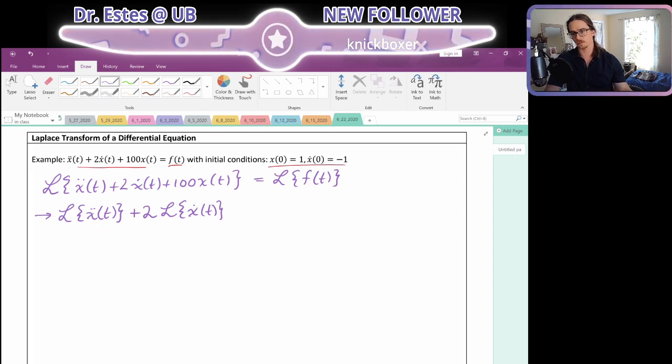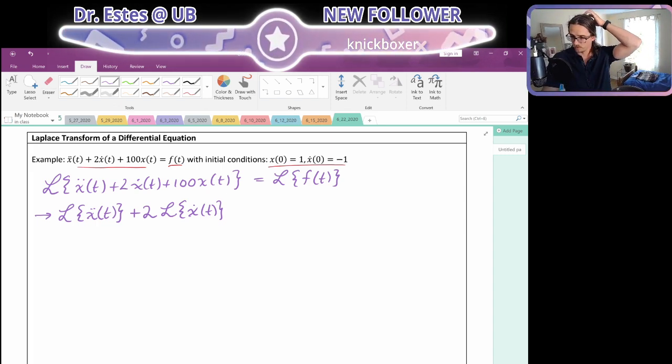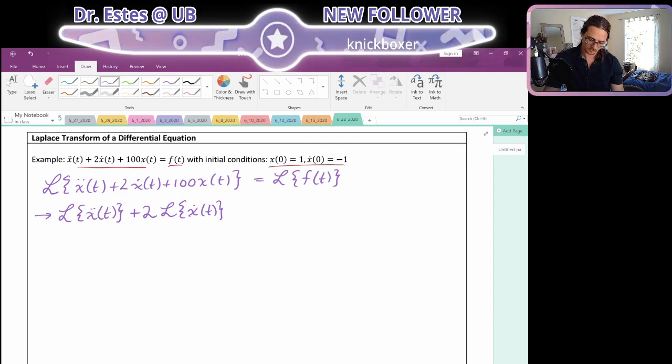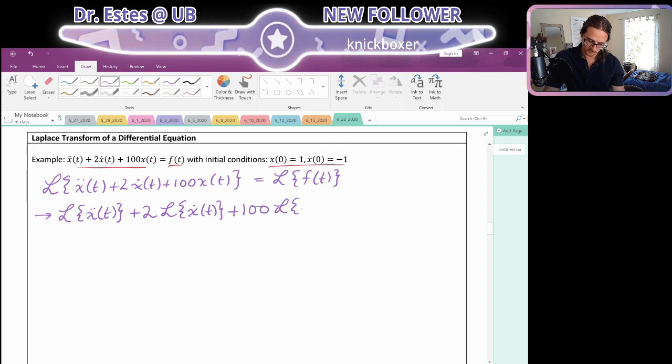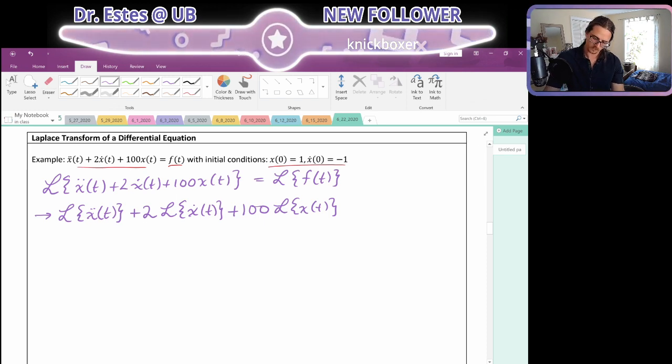So if I took the Laplace transform of 2, well, okay, I don't want to say that. But you can pull a scalar multiplying a function of time outside of the Laplace transform. That's what I should have said. Okay.